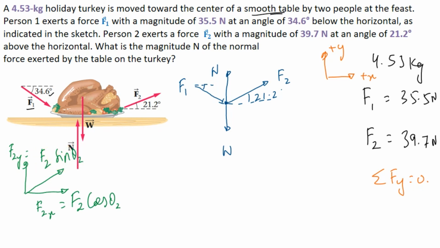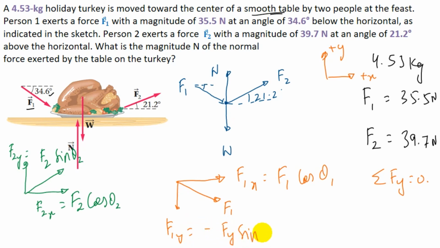Now the force F1 also has two components, so this is the force F1. In the horizontal direction the component is F1x, which is equal to F1 cosine theta 1, and in the vertical direction we have F1y, which is equal to minus F1 sine theta 1.